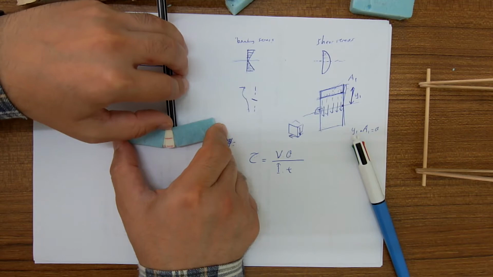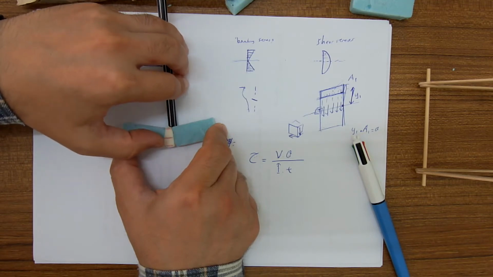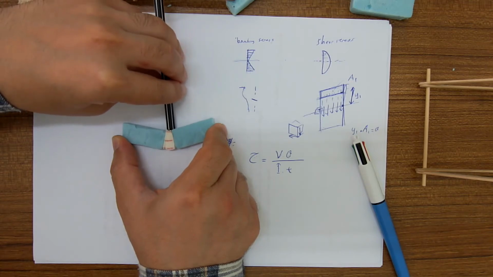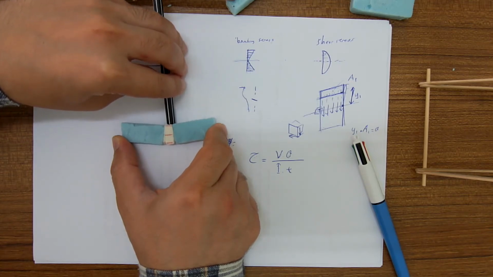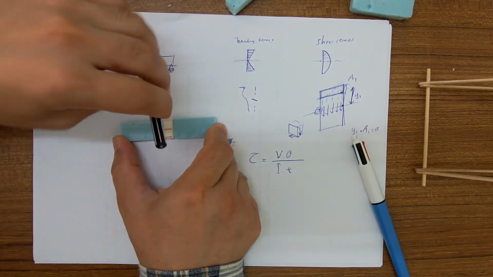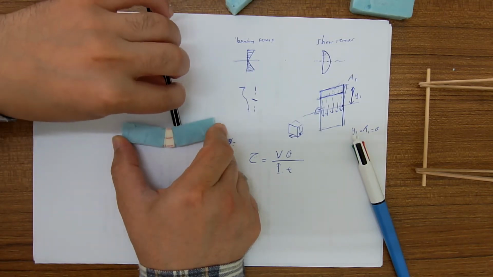So that means there is a compression at the top, there is a tension at the bottom, but there is also shear stress happening throughout the cross section.